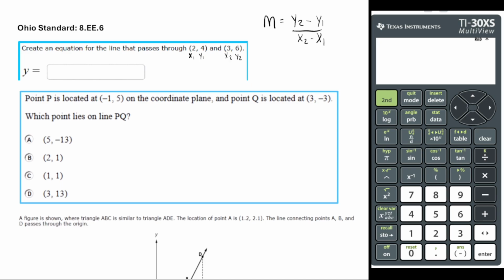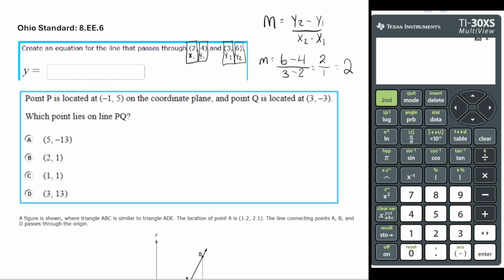So for this first question, m equals y2, which is 6, minus y1, which is 4, over x2, which is 3, minus x1, which is 2. And that gives you 6 minus 4 is 2, over 3 minus 2 is 1, equals 2, right?